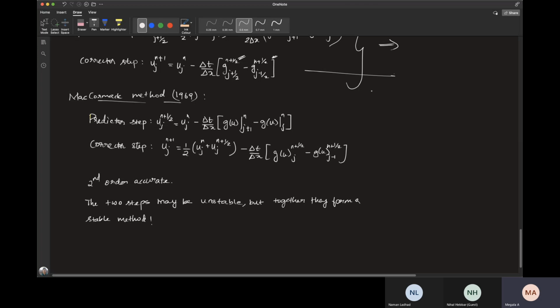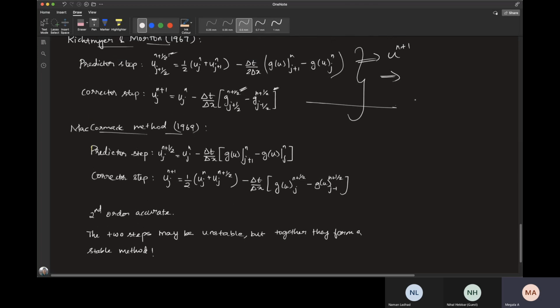It's more accurate than the Lax-Friedrichs method, and these two steps, predictor and corrector steps, may separately be unstable, but together when we solve them, they become stable. That is, a predictor step may lead to some instability and the corrector step may lead to some different instability.